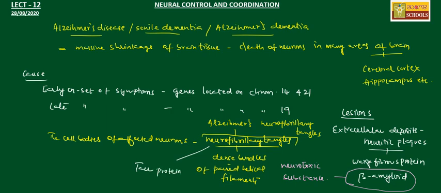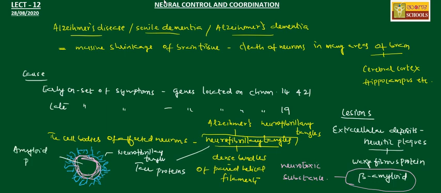In the brain you may find a structure called an amyloid plaque, surrounded by the neurofibrillary tangles, with the amyloid plaque at the center.